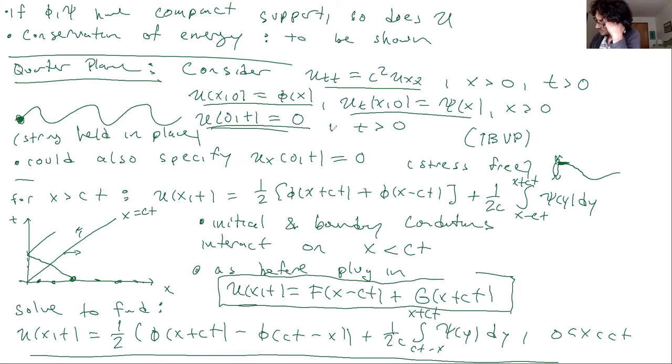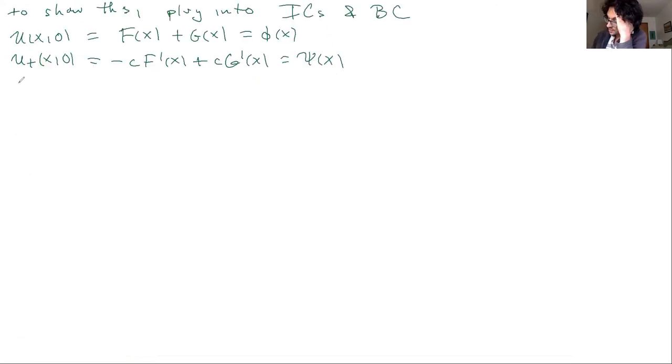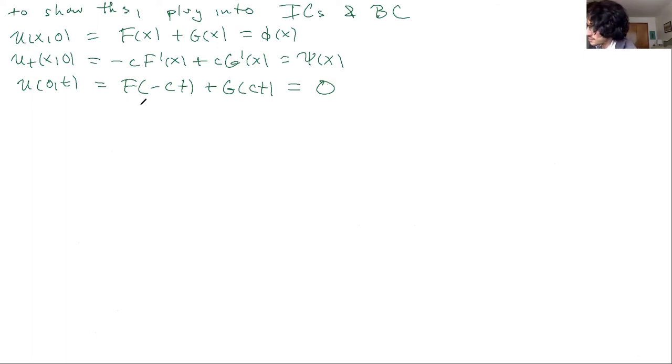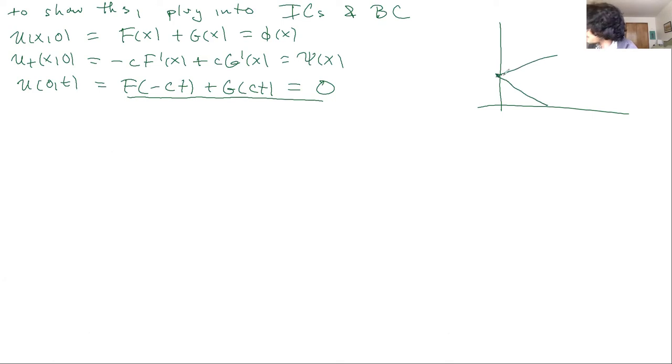That tells you that at x equals 0, you have f of minus ct plus g of ct is equal to 0. So this is key, because this provides you a link between f of some negative argument and g of some positive argument. This essentially allows you to see how solutions get reflected off of this boundary. So let's see how all this fits together. This is already in a pretty clean form.